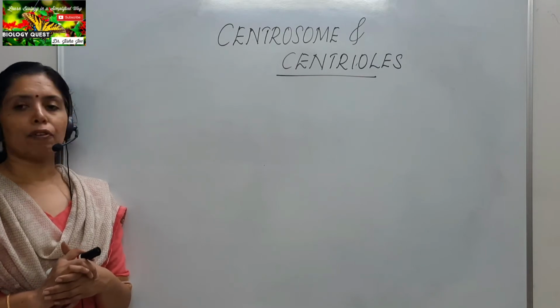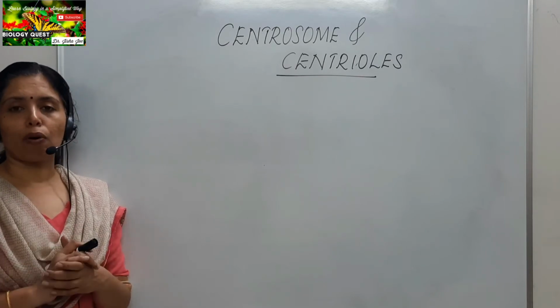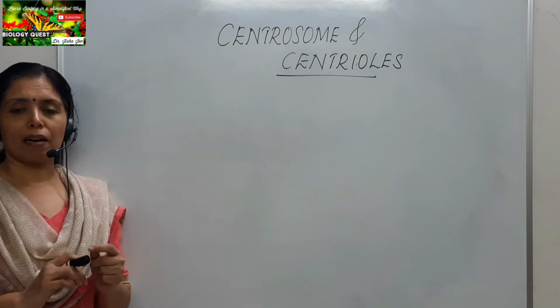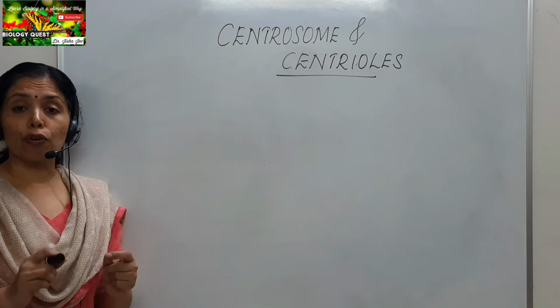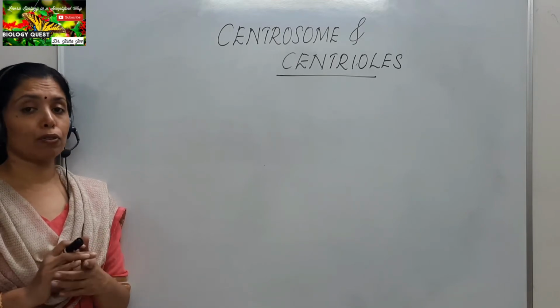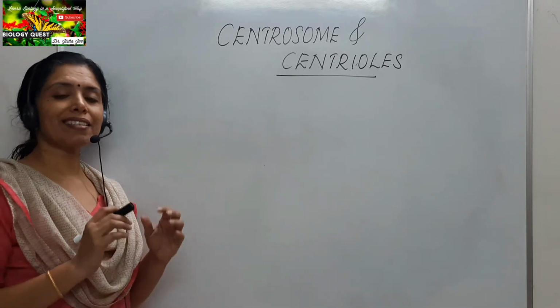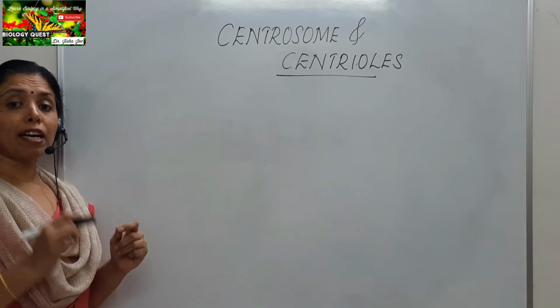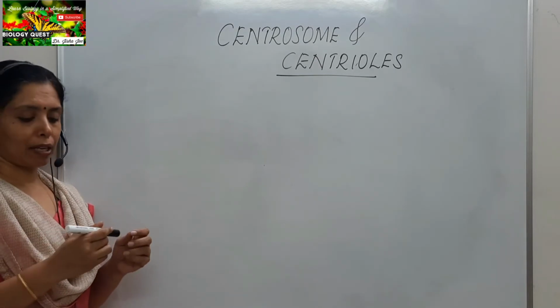Now, if you look at this cylindrical wall of the centriole, it is made up of 9 groups of microtubules. We know the centrioles are formed of microtubules. This cylindrical wall of the centriole is formed of 9 groups of microtubules.